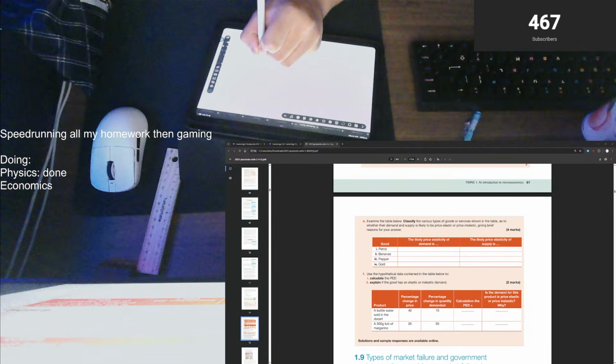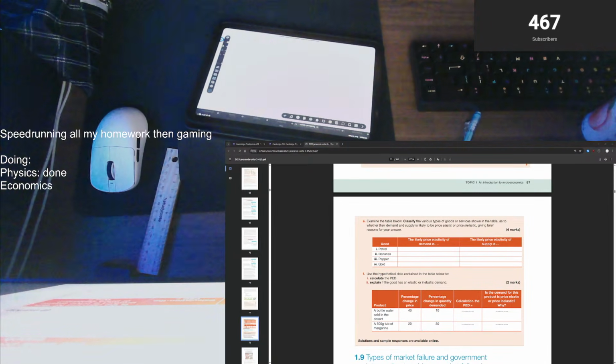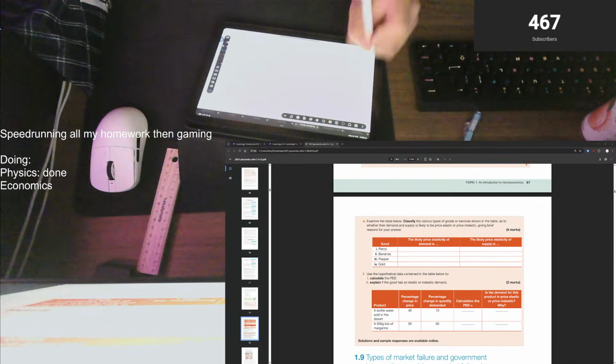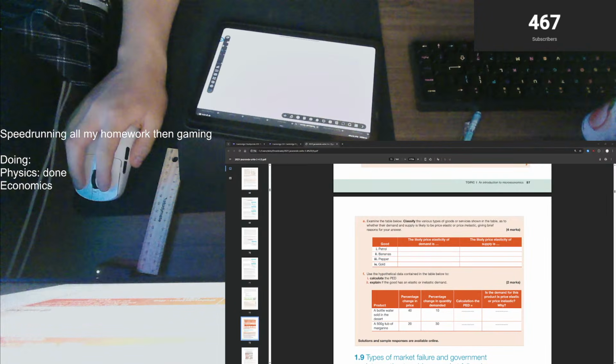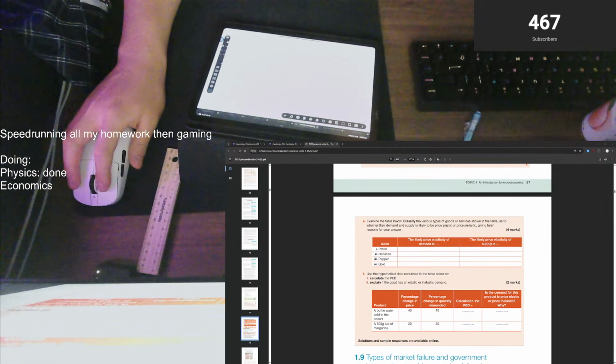What note taking app are you using? I'm using Free Notes. It's really good. I really like its fountain pen. The fountain pen's really smooth.